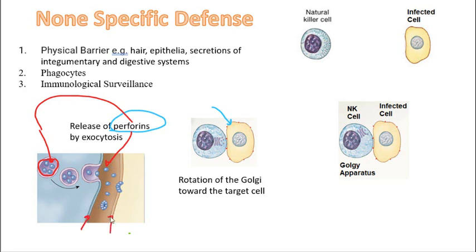This is the membrane of the infected cell. This one over here is the cytoplasm of the infected cell, and this one is the cytoplasm of the natural killer cell. And this is basically the gap between the two cells. So the molecule is produced, travels, binds to the membrane of the infected cell, and makes a hole in the membrane, and the infected cell dies.